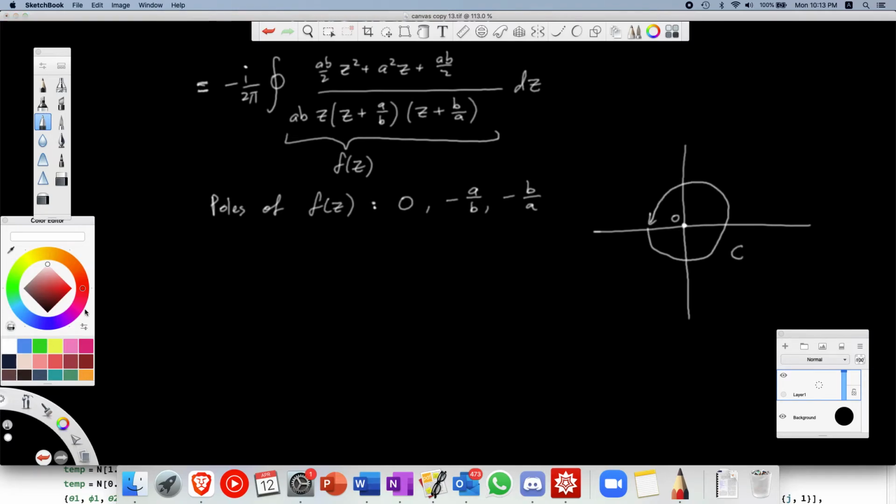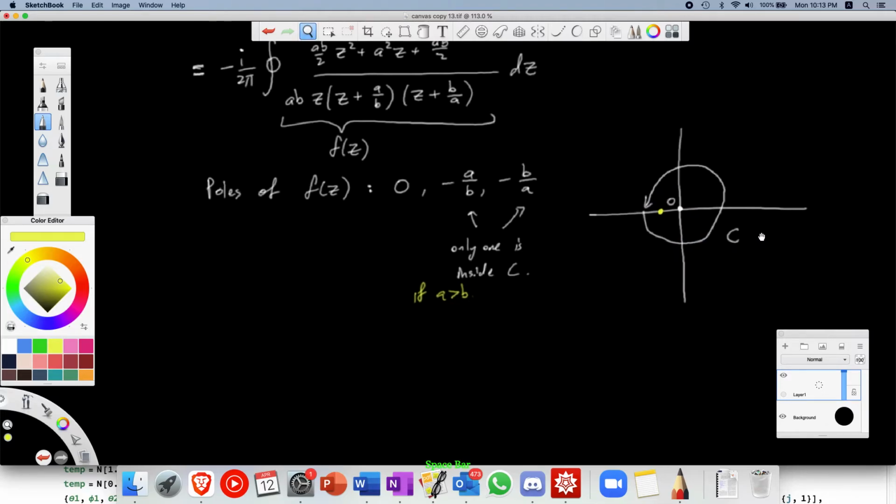Then we have a over b and b over a, and only one of them is inside this contour. For example, in the case where a is greater than b, then minus b over a will be inside, because b is smaller than a.